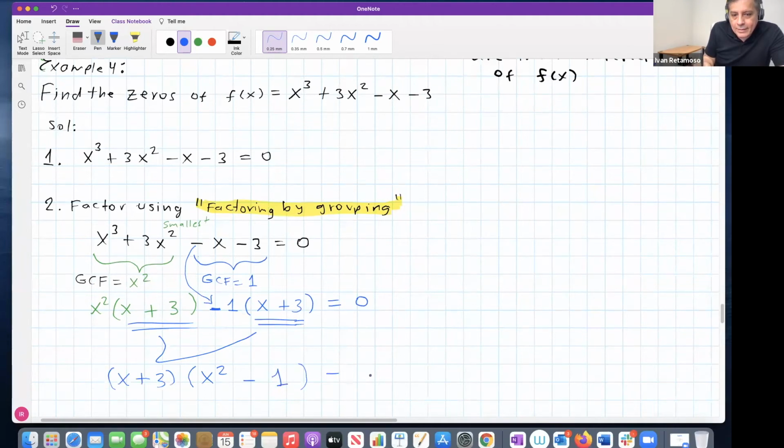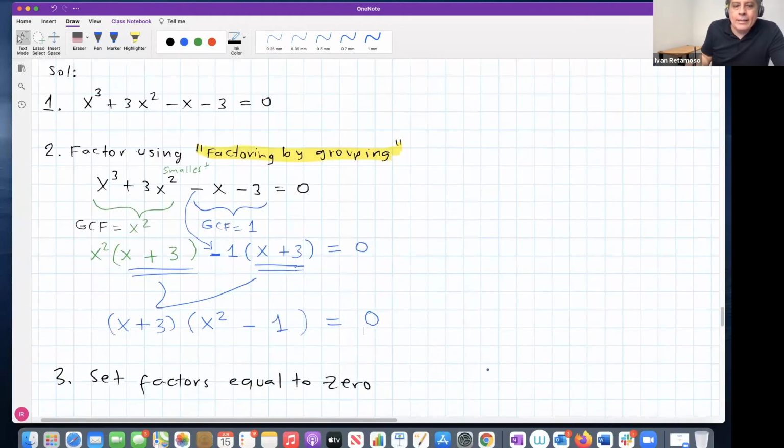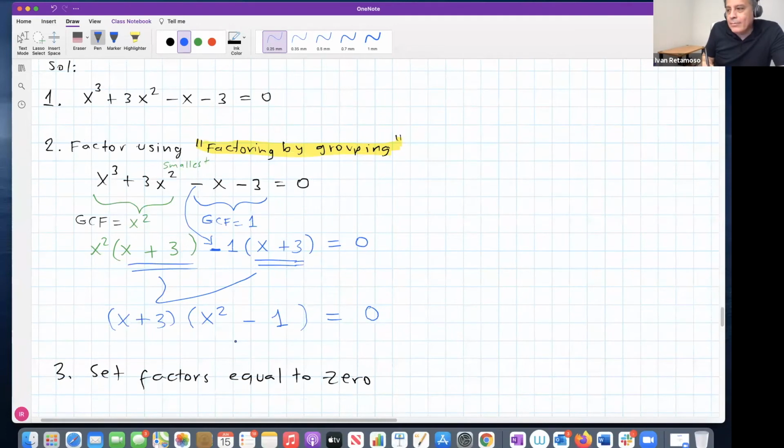But now, guys, turns out this can be further factored. How? Well, remember, there is this technique called factoring the difference of 2 squares. The number 1 is the same as 1 squared, because 1 times 1 is 1. So if you write it this way, this allows this other factorization: x minus 1 times x plus 1.